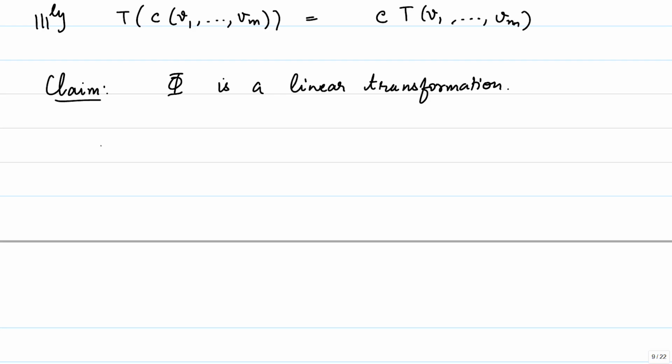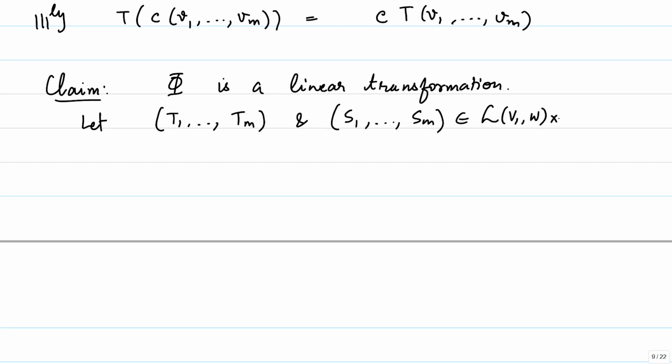Alright, so for checking that, we take two vectors, look at their sum and see whether that is equal to the sum of the images. So let (T1 to Tm) and (S1 to Sm) be vectors in L of (V1, W) cross up to L of (Vm, W). Now capital Phi of (T1 up to Tm) plus (S1 up to Sm).